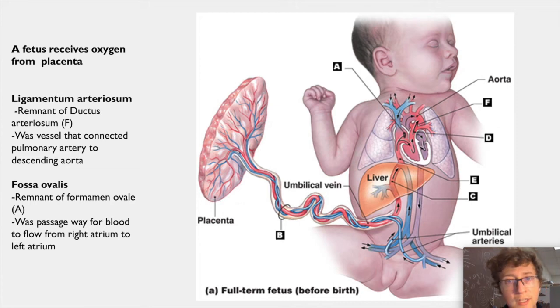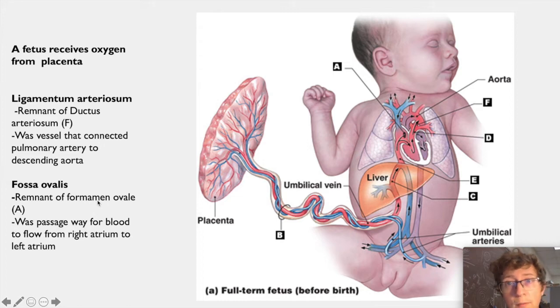Some blood still needs to go to the lungs because they themselves need oxygen, but the lungs in a fetus aren't providing the oxygen. So there's a structure that is literally a hole between the two atria that allows the oxygenated blood from the right atrium to pass to the left atrium. And this is called the foramen ovale.